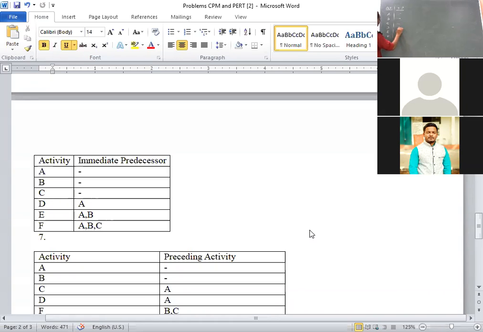For that purpose, we are doing A, AB, ABC. What I told, finally our aim is try to reduce the number of dummy activities that we will consider.